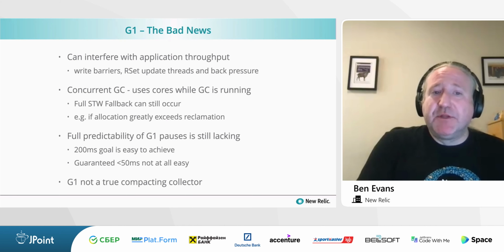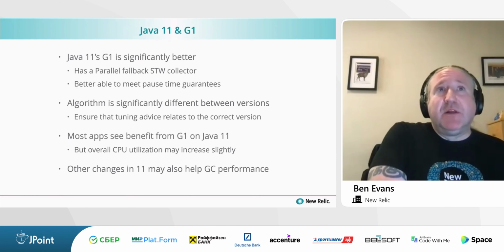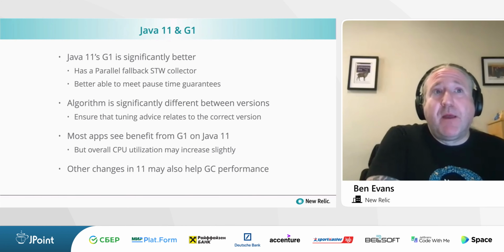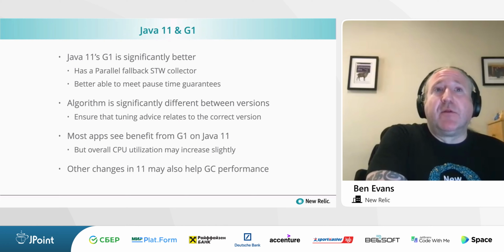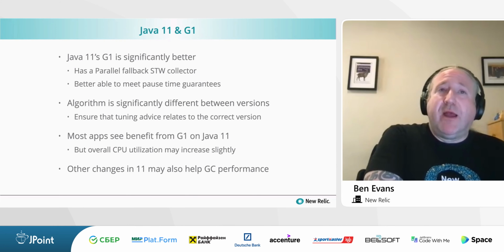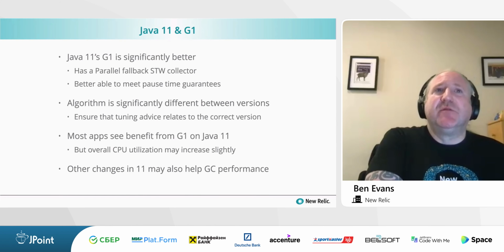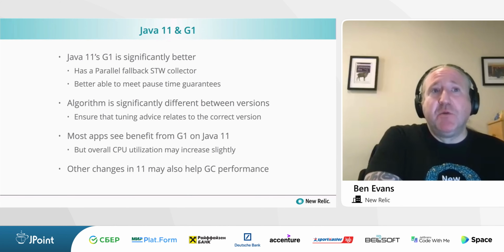So there is some bad news. There are some trade-offs here. In general, though, G1 in 11 is significantly better, and I think that overall, the vast majority of apps that I've seen migrate to Java 11 and pick up G1 actually do better from it overall.